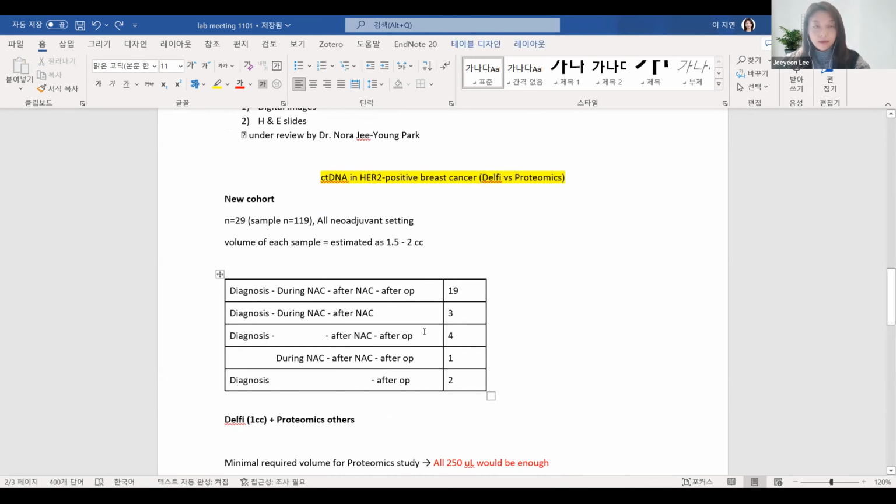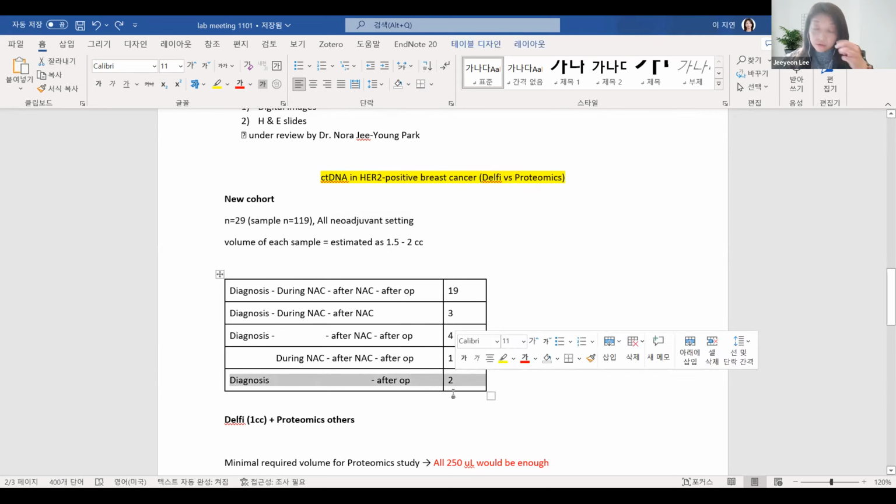And these were the series. We have 2 cases of only diagnosis and after operation. Do we need to take them out? Because these are all neoadjuvant settings, I think these cases are useless. I mean, we can't see much.